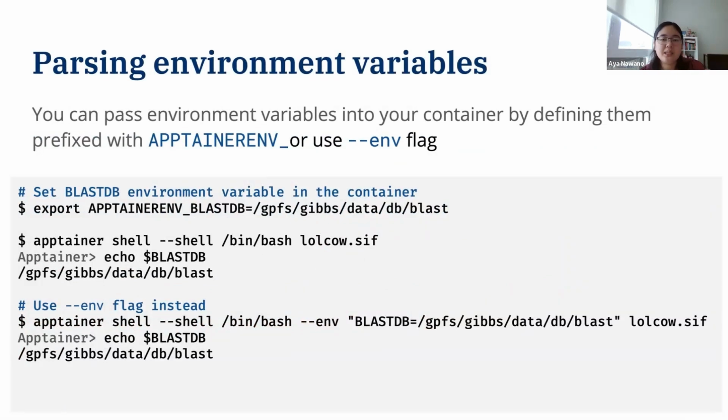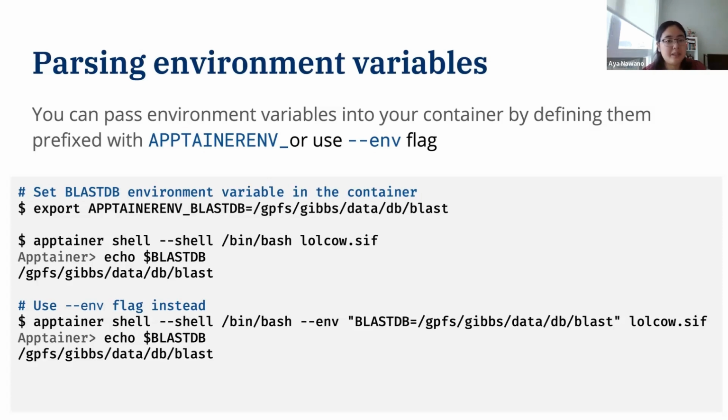Now I will discuss how to parse environment variables when working with containers. I discussed earlier that most host environment variables get inherited into the container unless specified at runtime or build time.